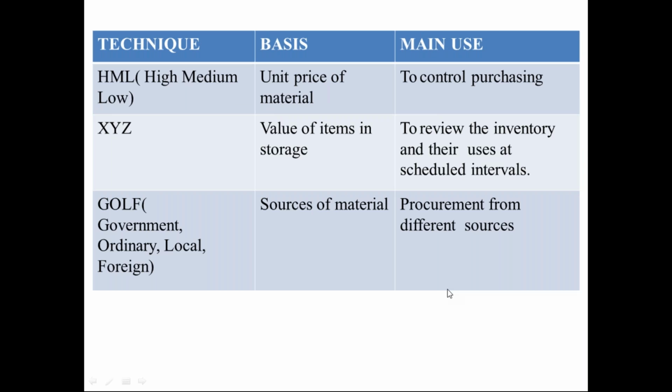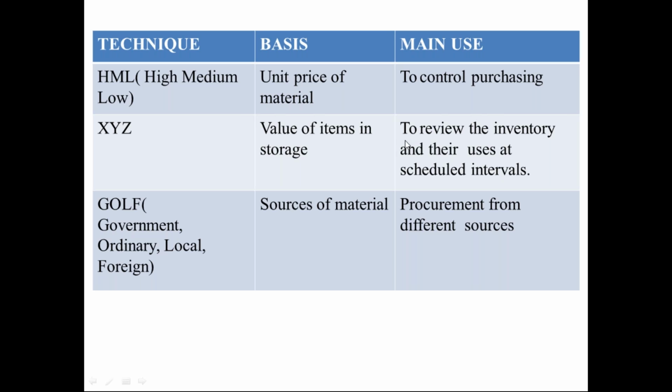The next technique is HML, that is high, medium, and low. The basis of this is the unit price of the material. The main use is to control the purchasing. The next technique of inventory control is XYZ. The basis of this technique is the value of items in the storage.